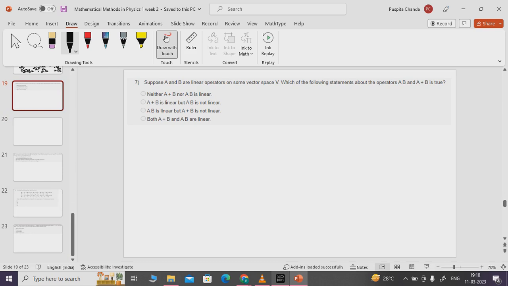Then question number 7. Suppose A and B are linear operators on some vector space V. Which of the following statements about the operators A, B and A plus B is true? Linearity is like this: say A is an operator operating on a state, it will give y.